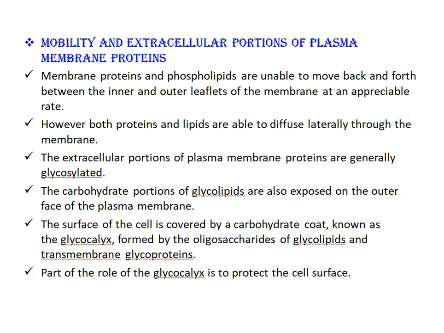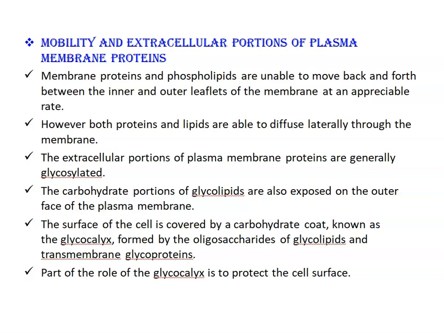Not all proteins are able to diffuse freely through the membrane. In some cases, mobility of membrane proteins is restricted by their association with the cytoskeleton. In other cases, it may be restricted by their association with other membrane proteins, meaning proteins on the surface of adjacent cells, or with the extracellular matrix.